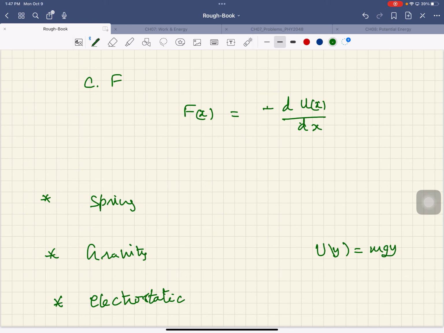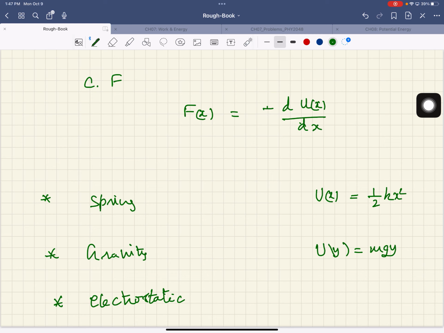Okay? So now what we're going to do is give you the potential energy function for the spring force. This you have to wait till next semester. But the spring force, we'll show you, is 1/2 kx squared.